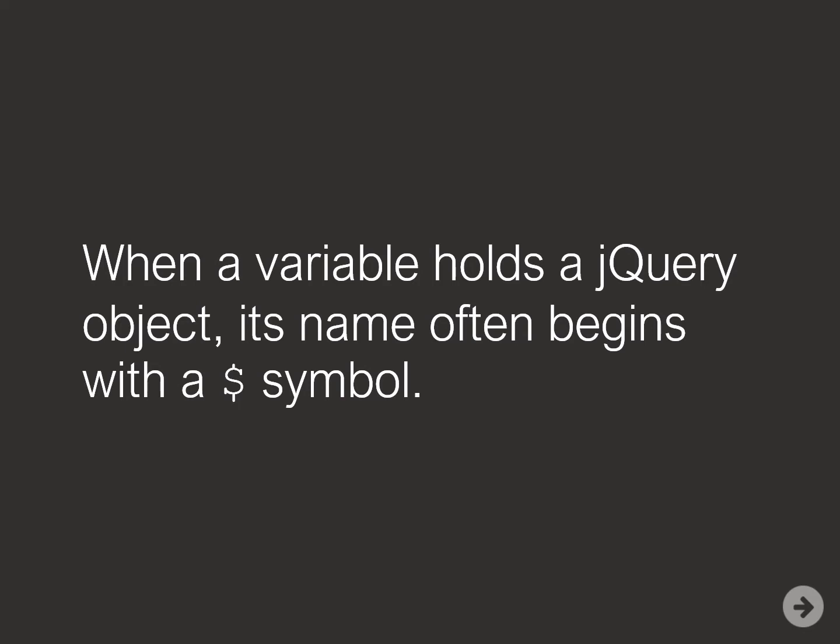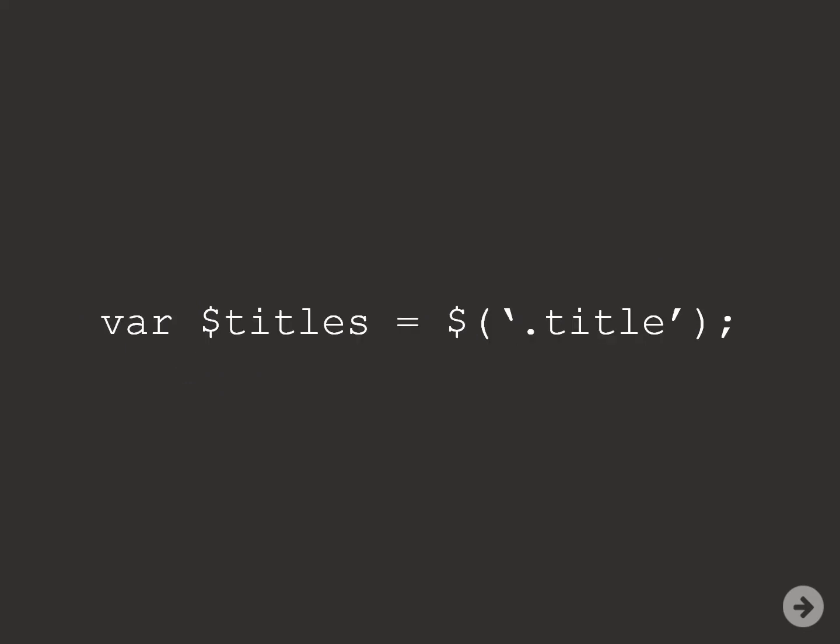That will not start with a dollar sign. So here is one example. var means variable, and then $titles equal to $(".title"). That means we want to save all the elements with the title attribute into a jQuery variable. The name of the jQuery variable is $titles.